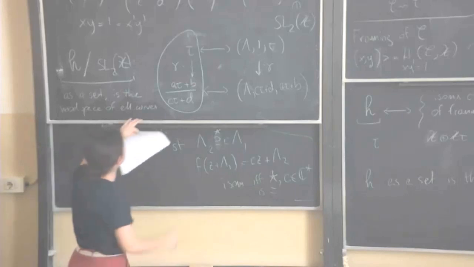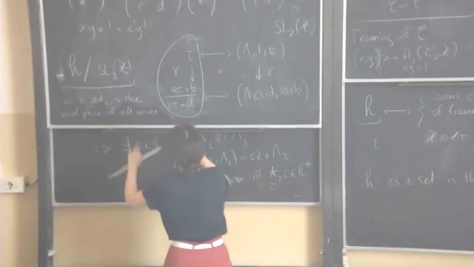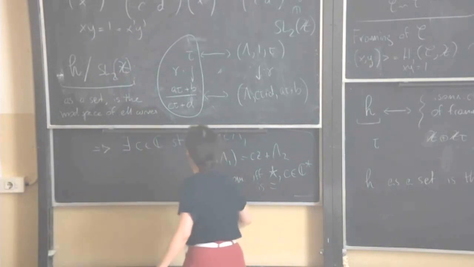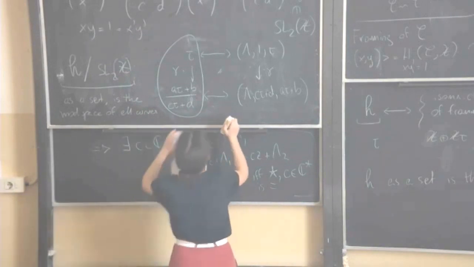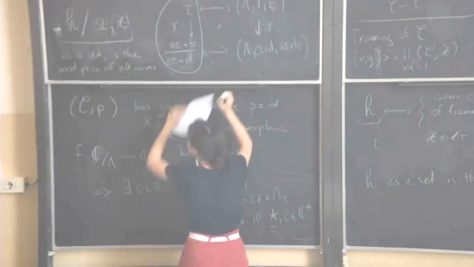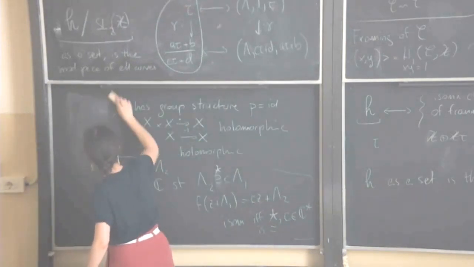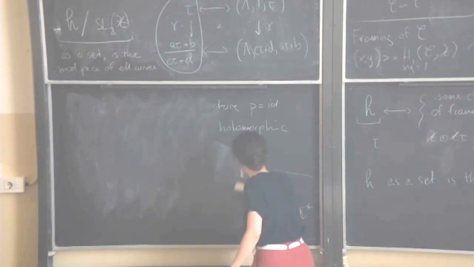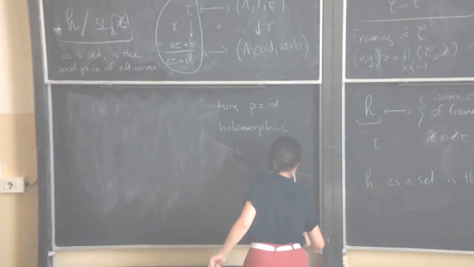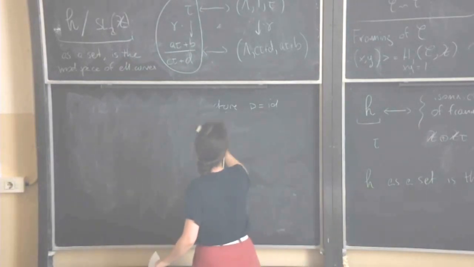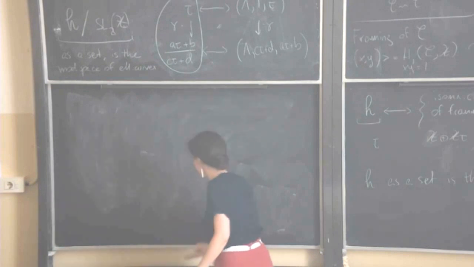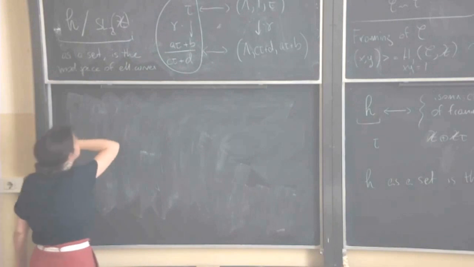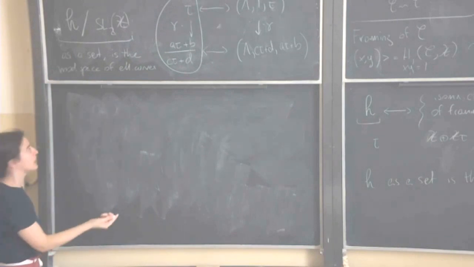We can do a little bit better: we can put on this object a Riemann surface structure.